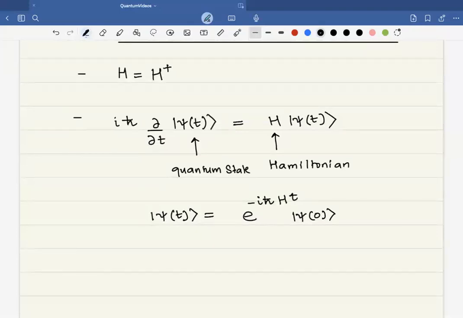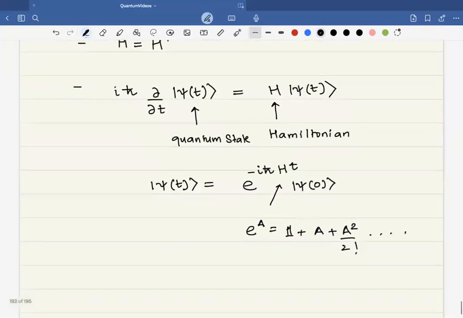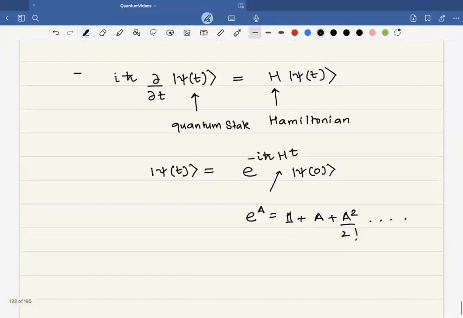In finite dimensional systems, this is like exponentiating a matrix, where the matrix exponential e to the A is defined as identity plus A plus A squared over 2 factorial and so on. So this is the solution to the Schrodinger equation when the Hamiltonian H is time independent.